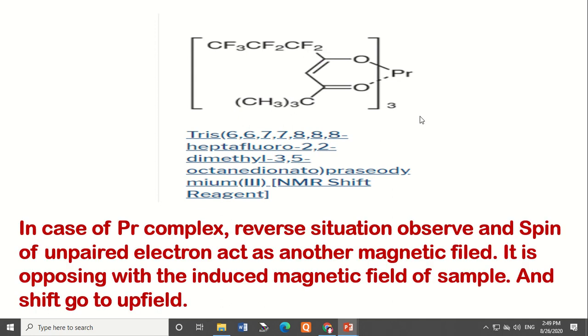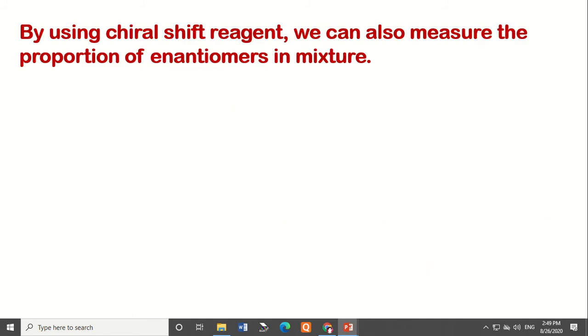In the case of the praseodymium complex, the reverse situation takes place as compared to the europium complex, because the spin of the unpaired electron acts as another magnetic field. It opposes the induced magnetic field of the sample. Hence, shielding takes place and the chemical shift moves to the upfield, that is, the chemical shift decreases.